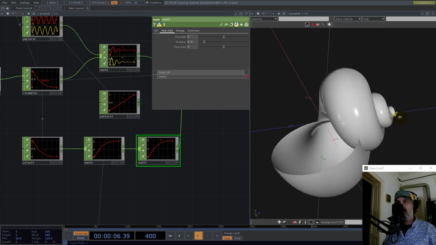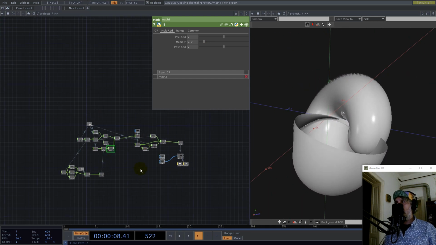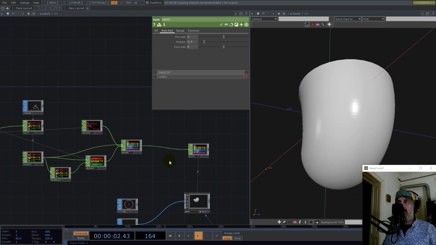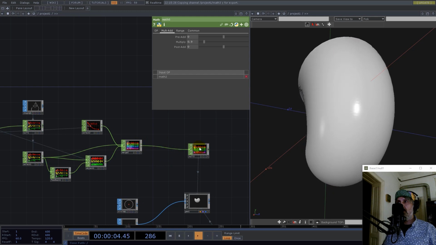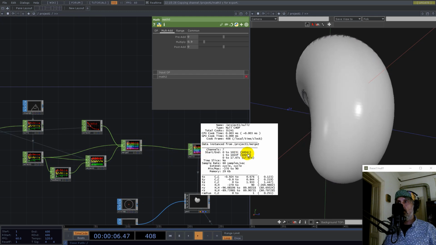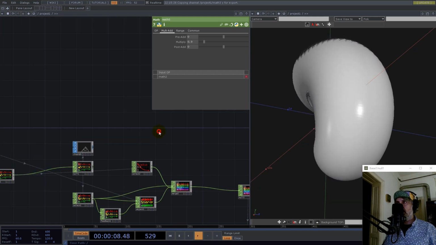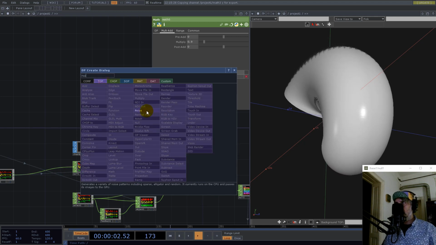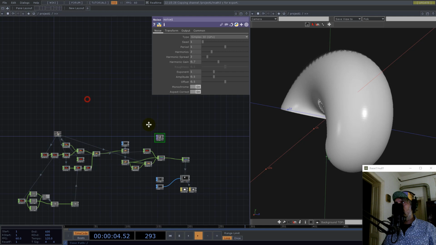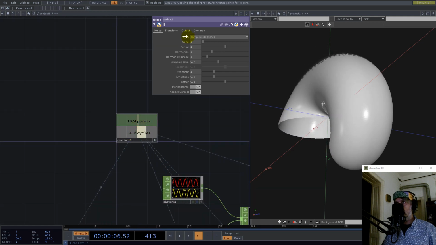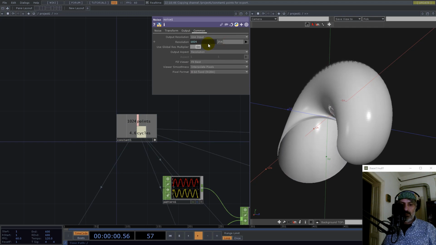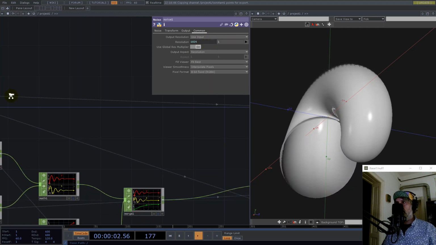Okay, it's looking nice. And for the color, I want to have something with the same amount of samples. So what if I use a noise top? For the resolution I take this value here and 1.